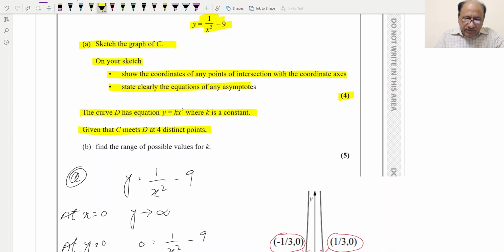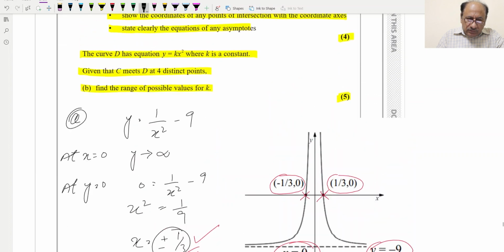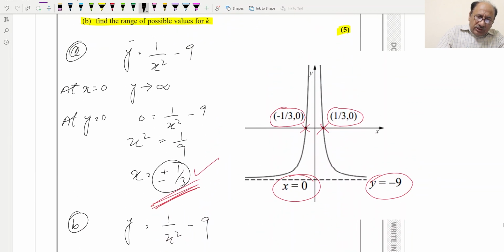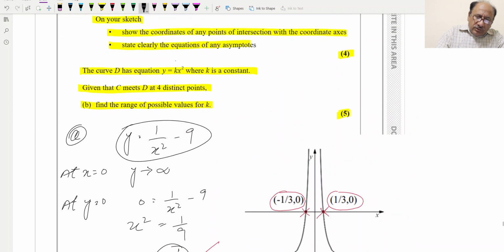Given that C meets D at 4 distinct points, find the range of possible values of k, and this is a 5-mark question. For part b, we take y is equal to 1 over x square minus 9, which is the given equation, and y is equal to kx square, which is mentioned over here.